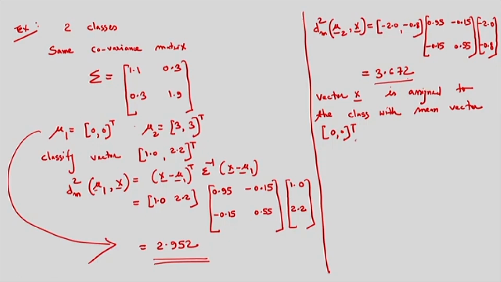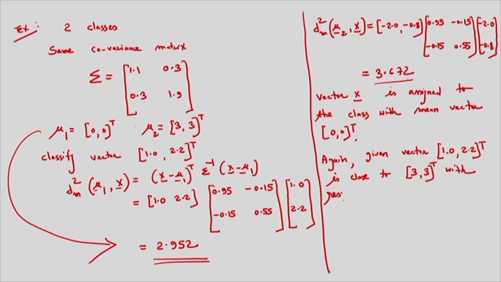But again, the given vector 1.0, 2.2 transpose is close to the second mean with respect to Euclidean distance.